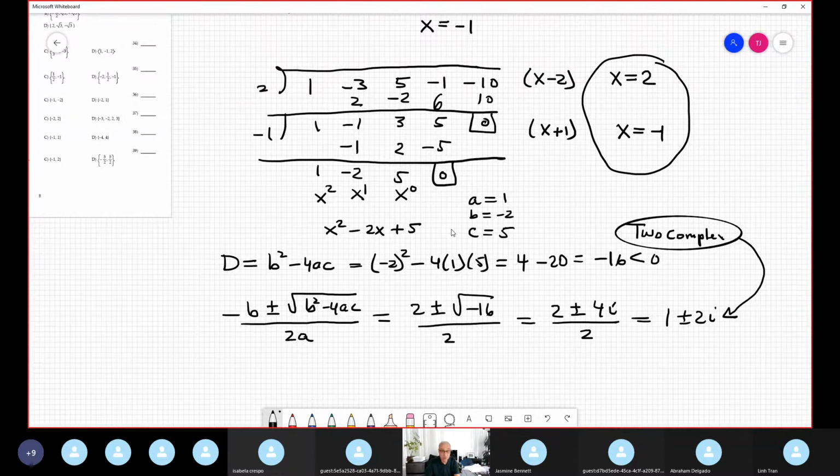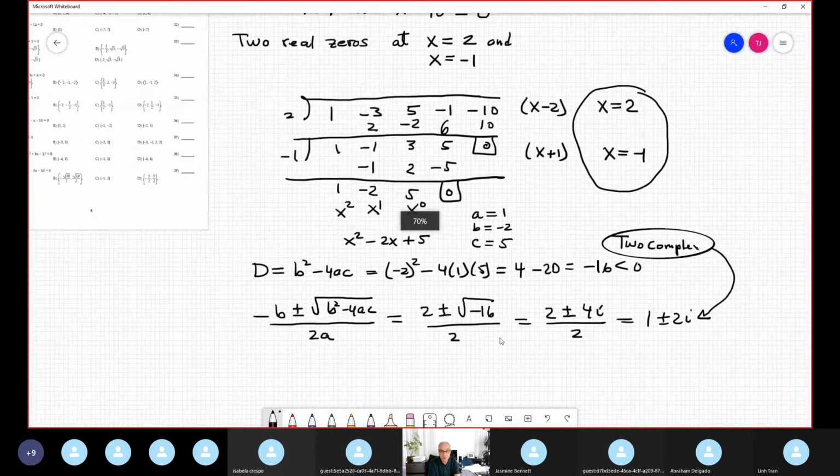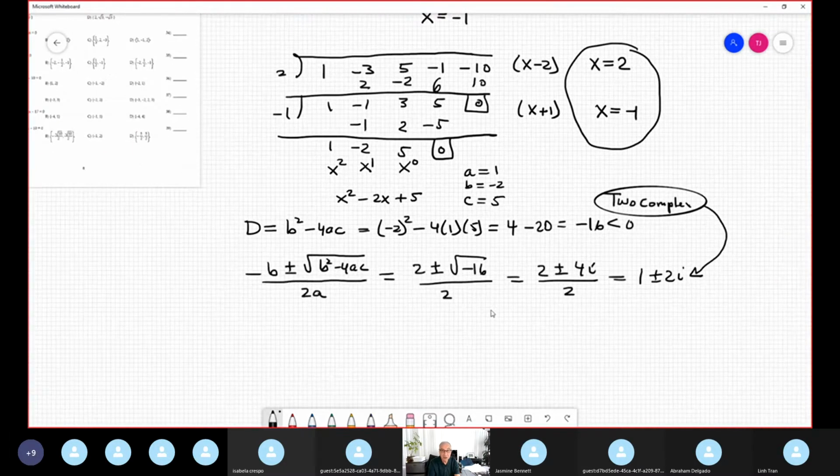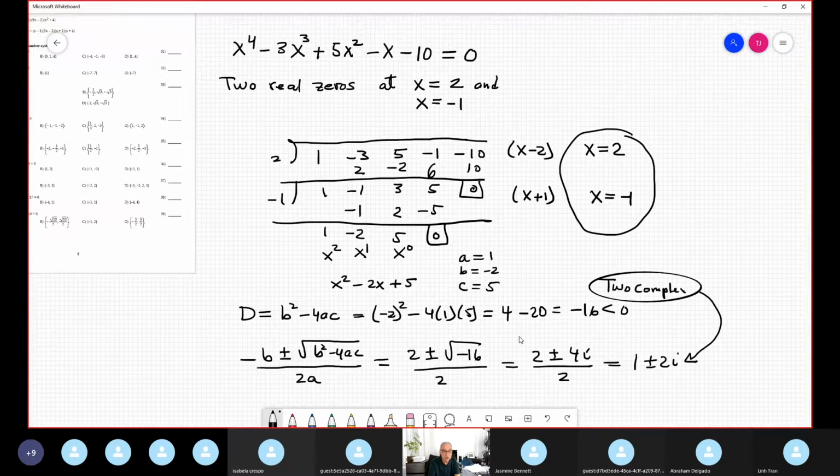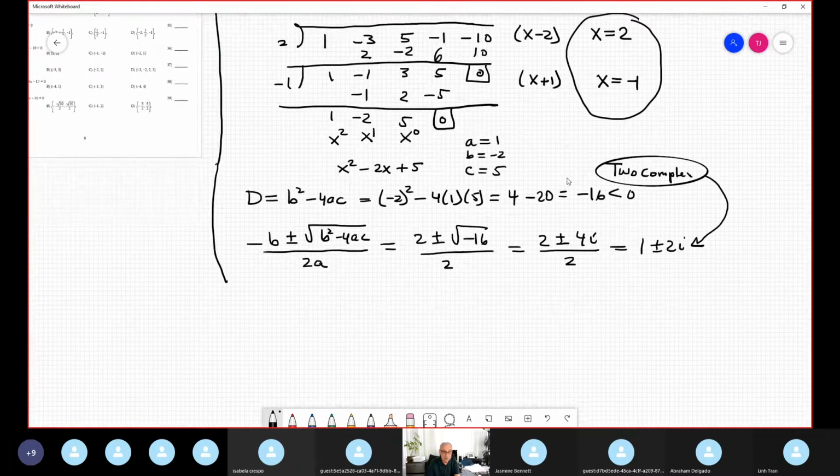Suppose, professor, do the factorization of this polynomial. Okay, let's do it. The original polynomial is equivalent algebraically to this: x minus 2, take that factor, x plus 1, take that factor.